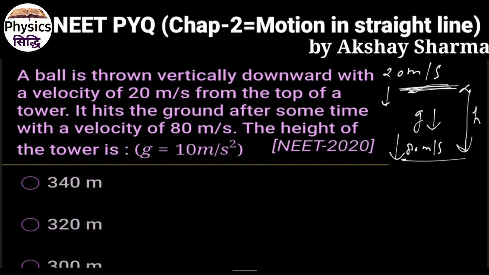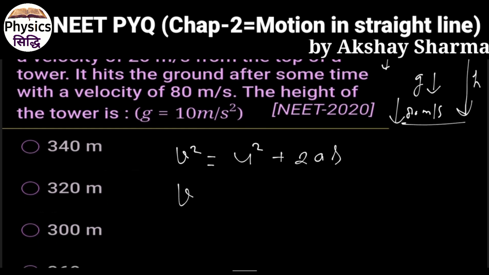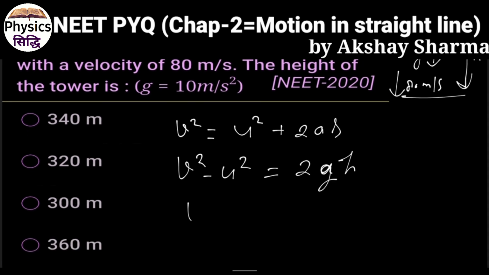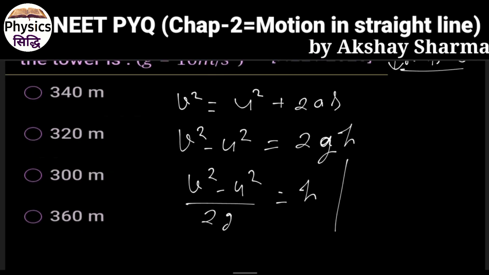So from the third equation, v square equals u square plus 2as. In our case, it becomes v square minus u square equals 2gh. So v square minus u square upon 2g equals h. Let's put down the values. h becomes 80 square minus 20 square, the initial velocity, upon 2 into 10.